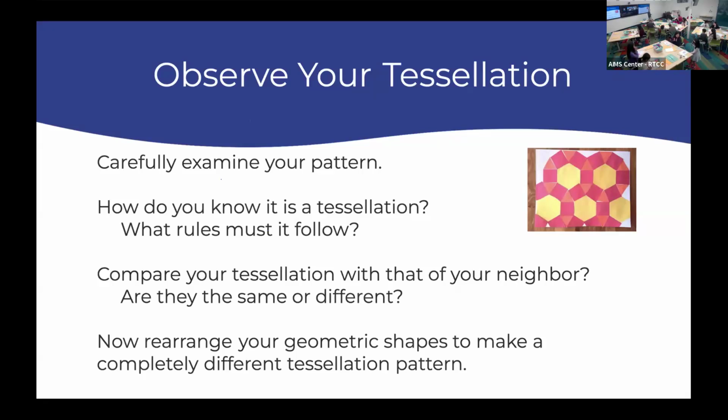If you want, you can rearrange those completely differently to make another tessellation. If you want to lock that down and glue it in place, you can do that. Or we have passed around little Ziploc bags. If you want to just take your geometric shapes home, you can put them in that bag so they're not loose and easy to lose.